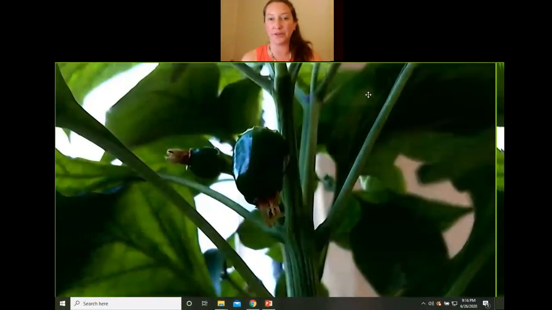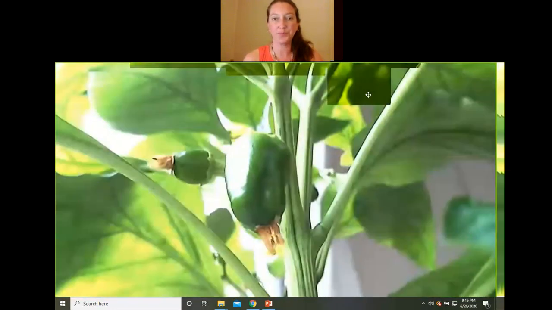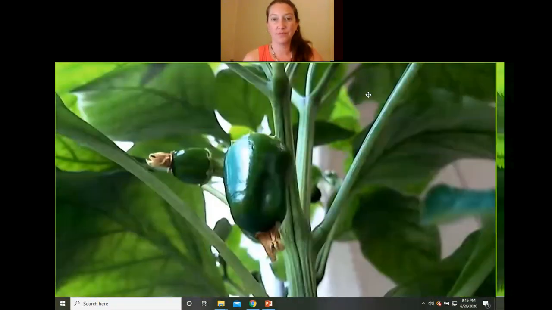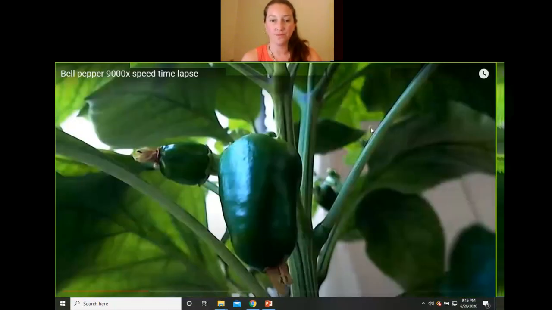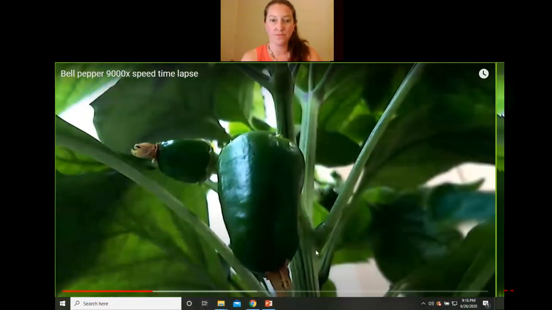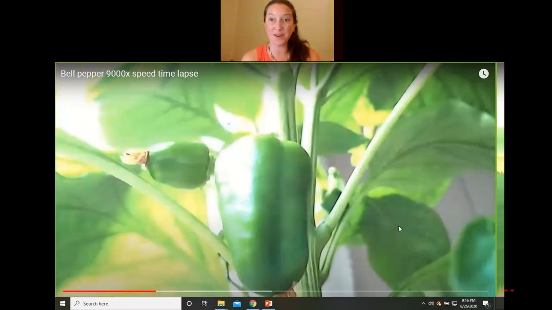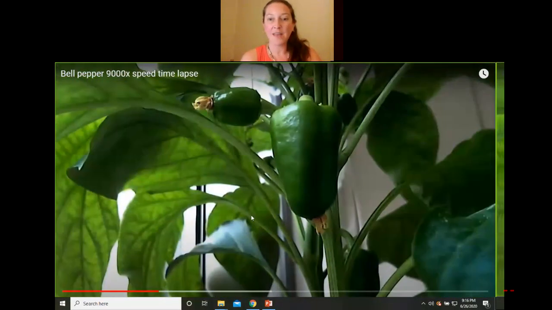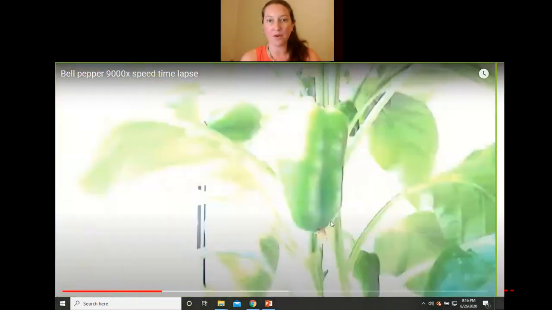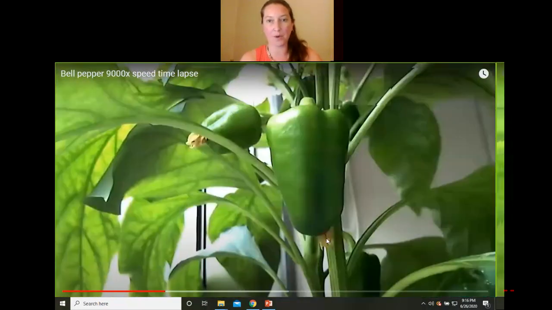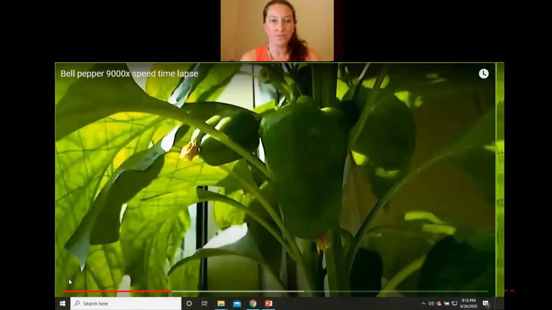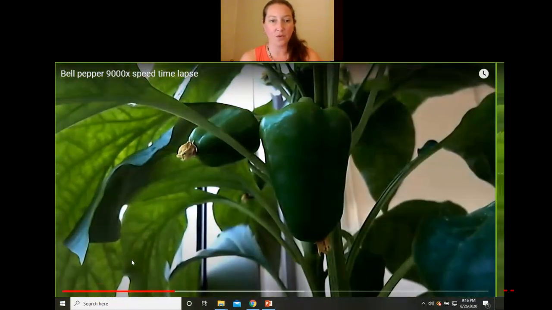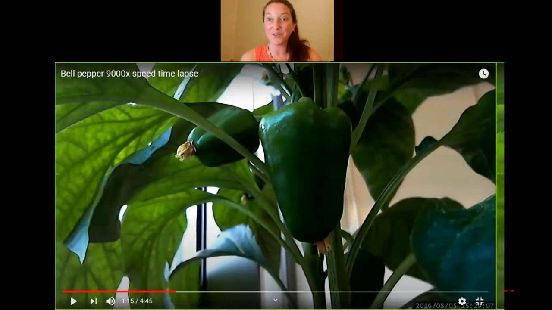And there you go, it's starting to look like a bell pepper now. Eventually the remaining part of the flower will fall off the end of the bell pepper. This goes on for quite a while, but you get the idea. You had a flower, and then boom, now you have a bell pepper.